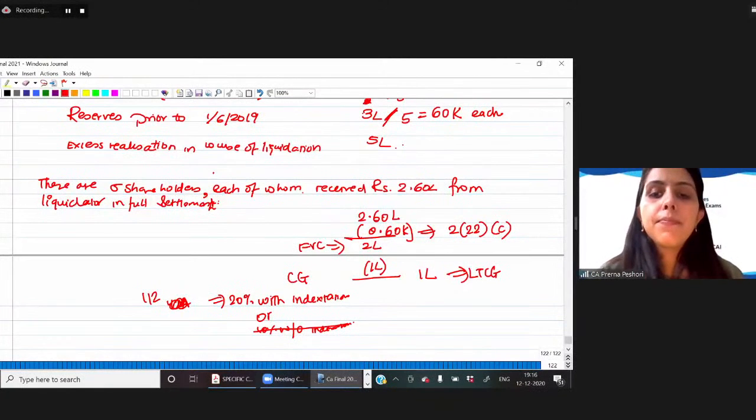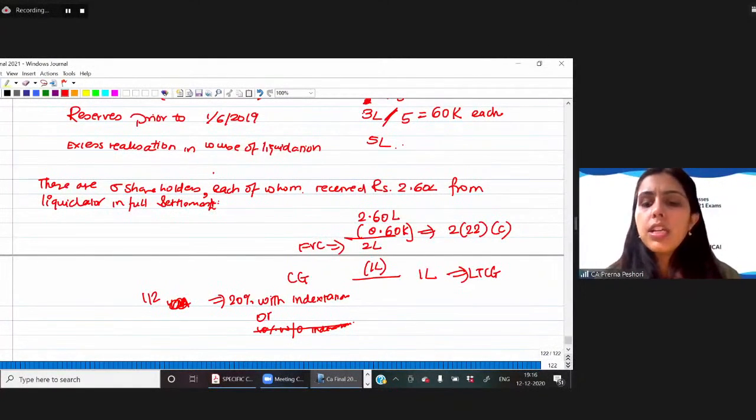Padmanaban, clear? Is this section clear? Any further doubts? Shall we proceed further?